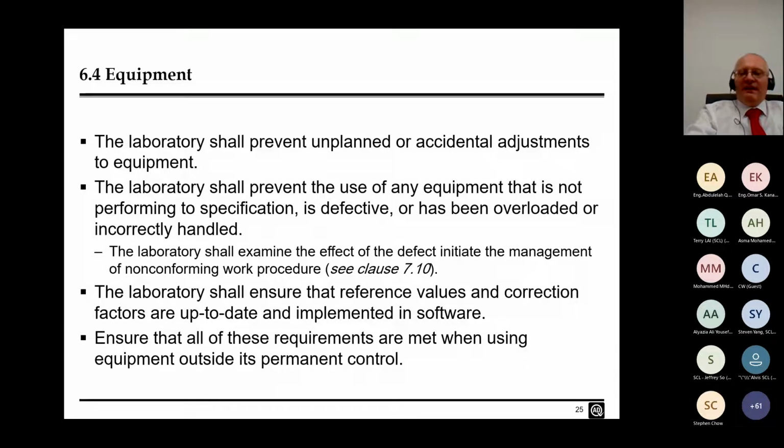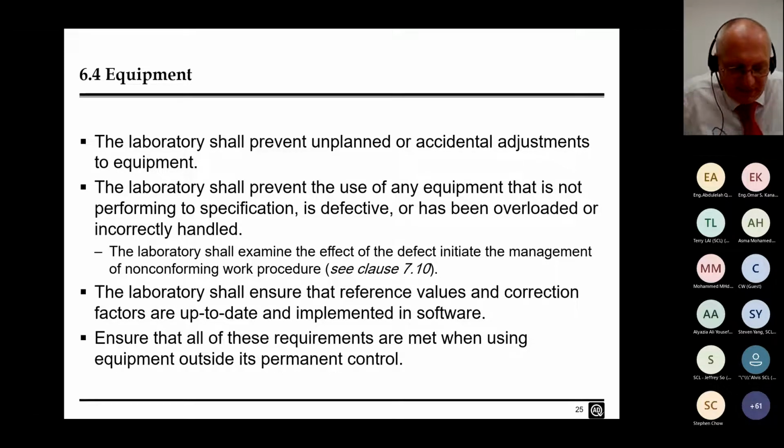You need to prevent any unplanned or accidental adjustments to equipment. Generally, this involves one or two things. Either there'll be some password to prevent you accidentally adjusting an instrument through software, or there may be some seals, calibration void if broken.